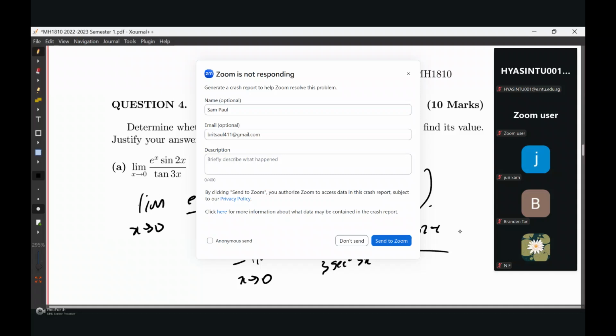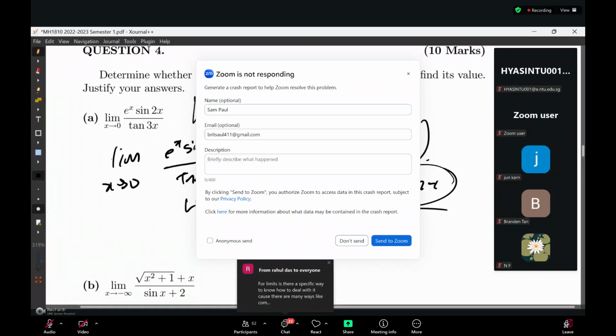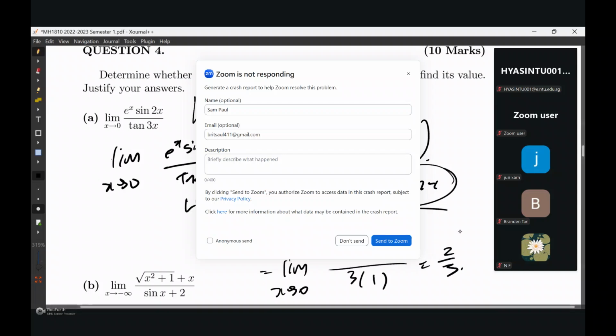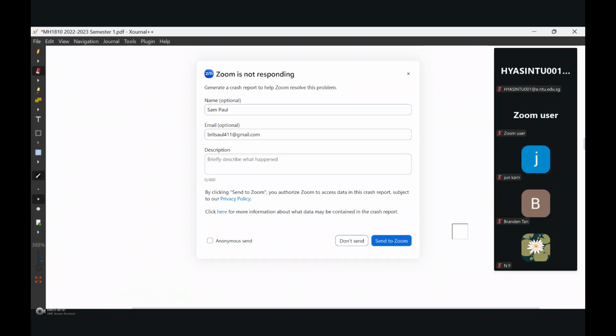Now we can apply the limit. This thing will become 0, this thing will become 0 here. And just to be more clean, you have 1 times 2 times 1 over 3 times 1, which is 2 over 3. So you apply the limit. Okay, so let me come back to part B.